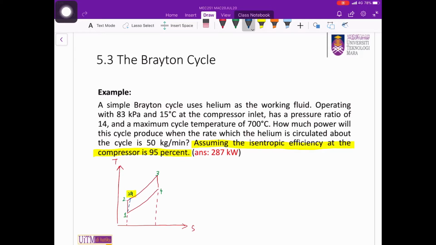Therefore, we are going to continue our discussion with respect to the previous example to find the temperature at state 2A and find the power net out for this actual cycle.